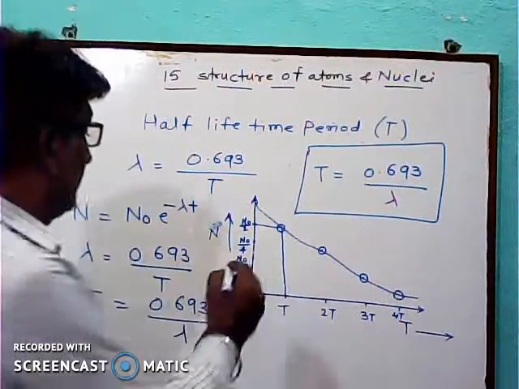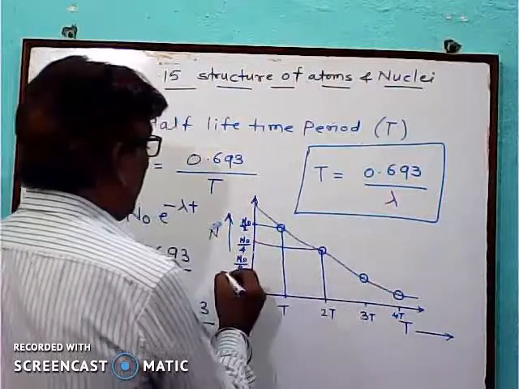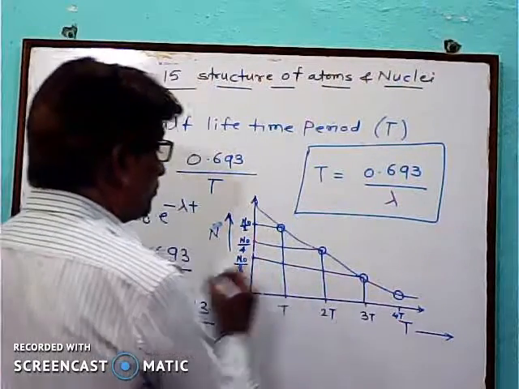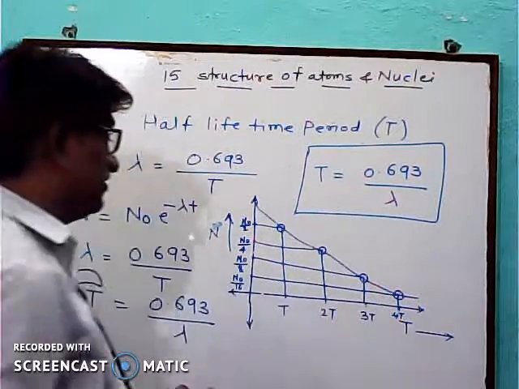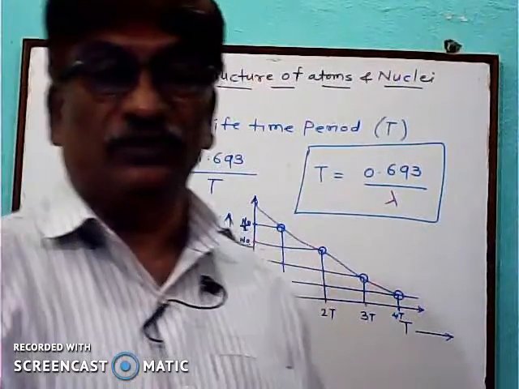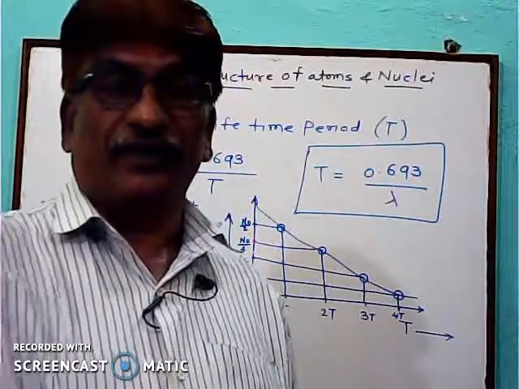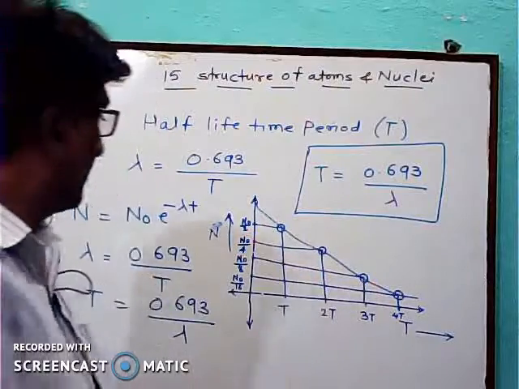In time 2T, the substance is reduced to N0 by 4. 3T is reduced to N0 by 8. 4T, it reduces to N0 by 16. So this curve is called the decay curve, like this.